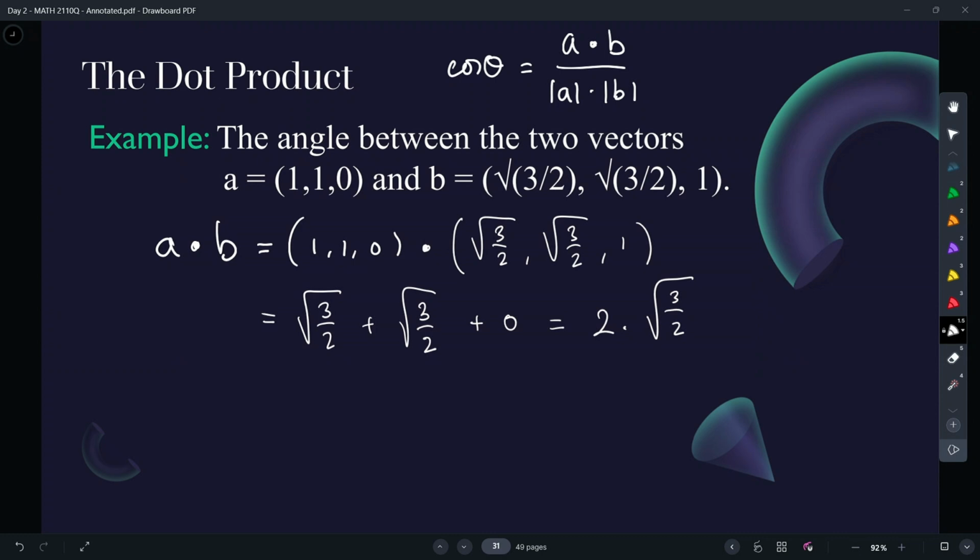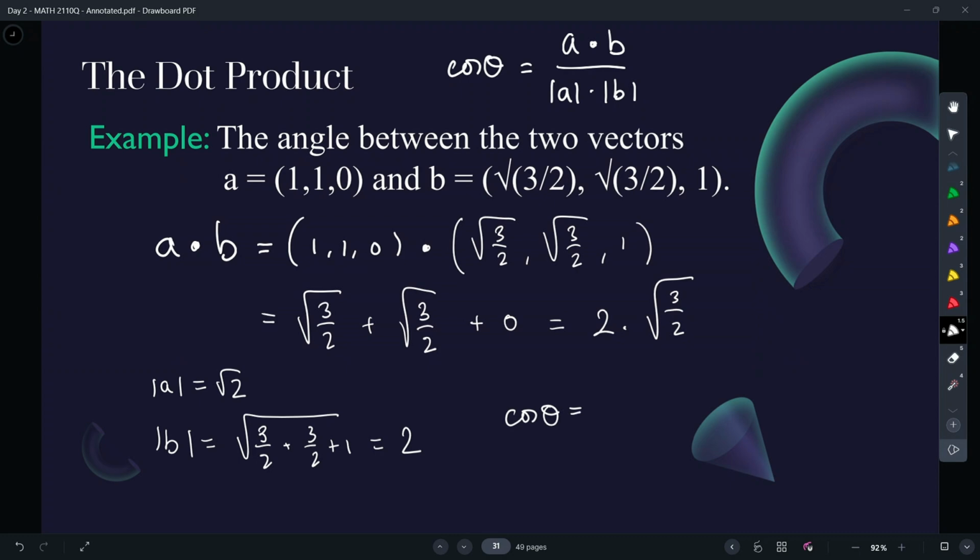What is the length of A? We saw that the length of A is the square root of 1 squared plus 1 squared, so the square root of 2. And the length of B will be the square root of, luckily the square of the square root is the number itself, so 3/2 plus 3/2 plus the square of 1. That is 3/2 and 3/2 is 3, plus 1 is 4, and the square root of 4 is 2. Fantastic. So now I can figure out the cosine of the angle.